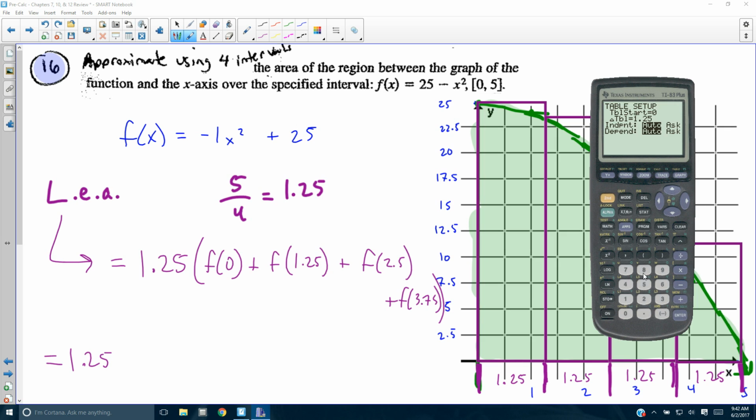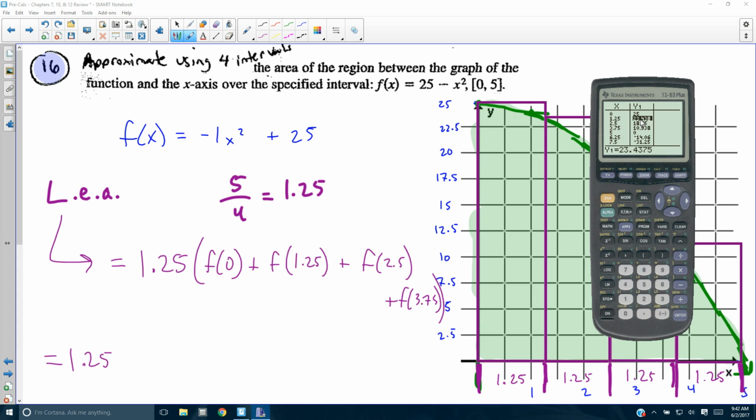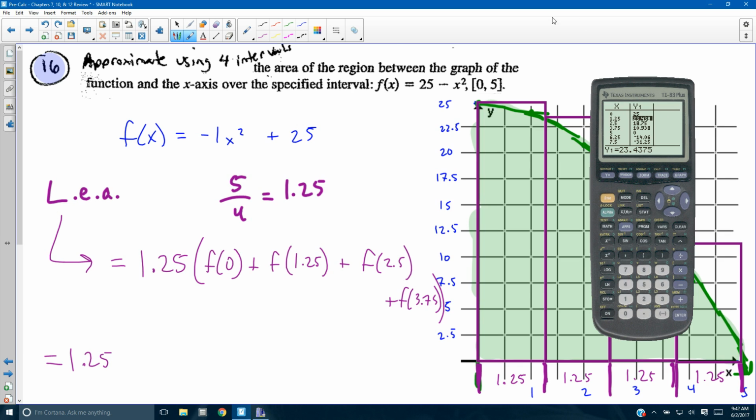So all 4 of these values, I can find the y values for and go ahead and write them down. Whoops, that's the graph. But the table will give me what I'm looking for here, which are these numbers right here. And I'm going to write them exactly as is and use them. F of 0 is 25. F of 1.25 is this number, then that number. So I think the other one was that 0.75. So I'll try and remember that here.